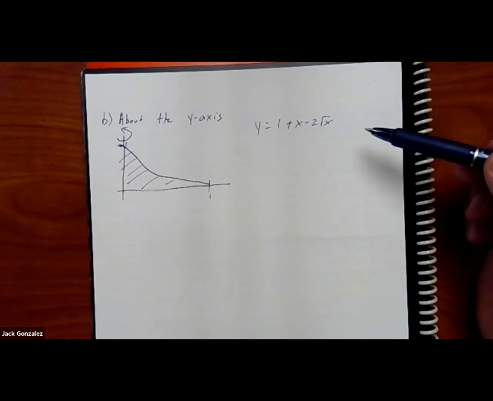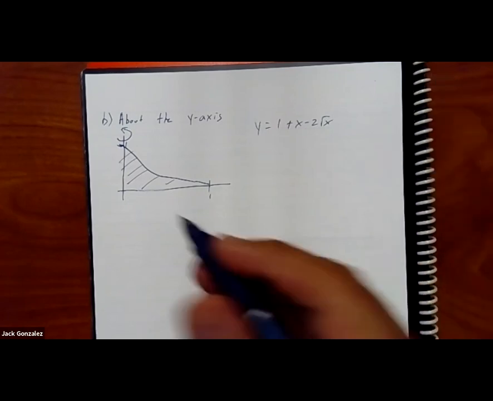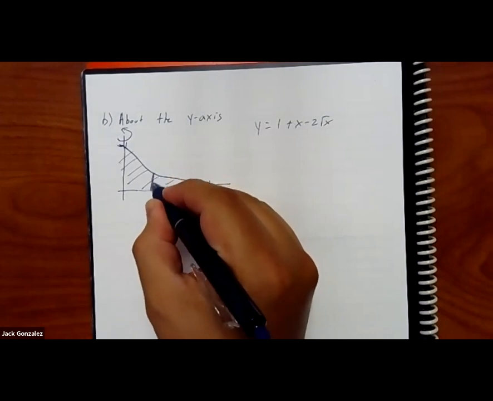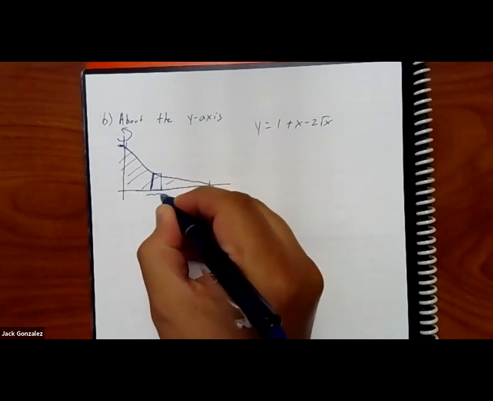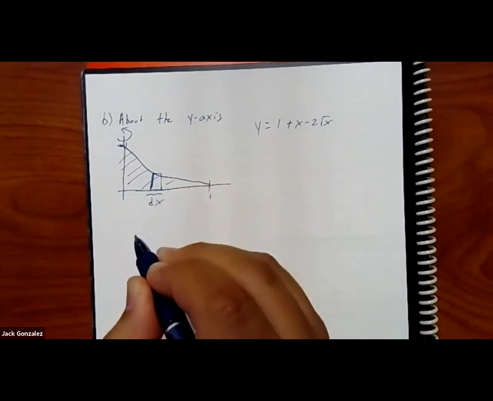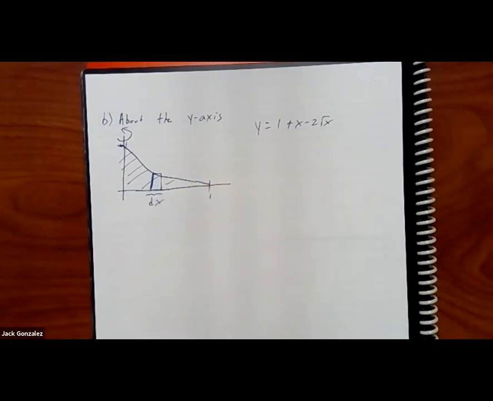So I have to do shell so I can slice parallel to the rotation, which will allow me to do dx, right? So now I just need the height and the rho.